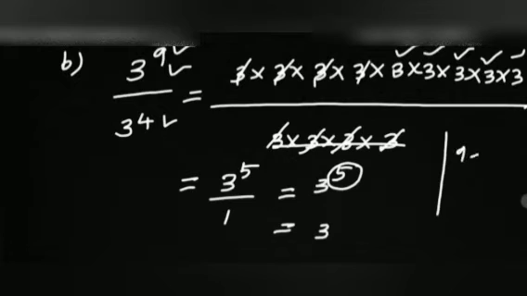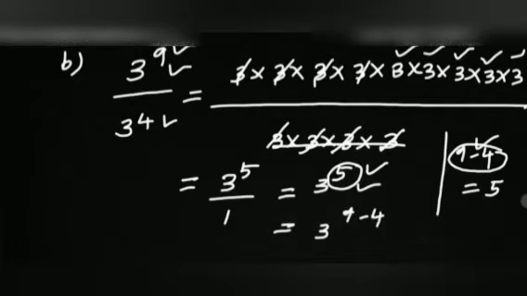In the working column, please write 9 minus 4 is equal to 5. Instead of this 5, we can write 9 minus 4, 3 to the power 9 minus 4, isn't it? That is, 3 raised to 9 by 3 raised to 4 is equal to 3 raised to 9 minus 4, isn't it?